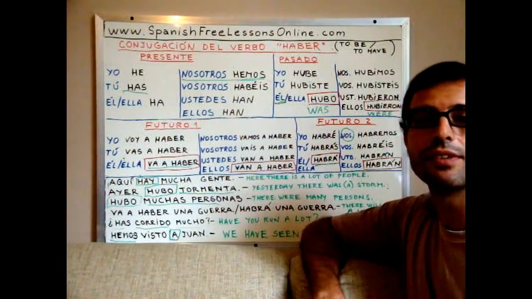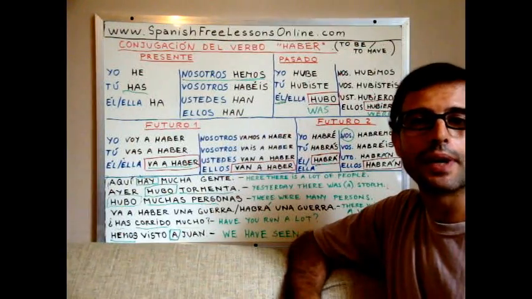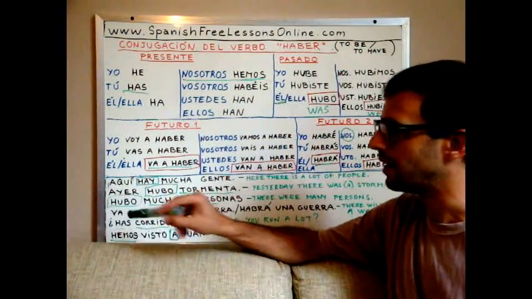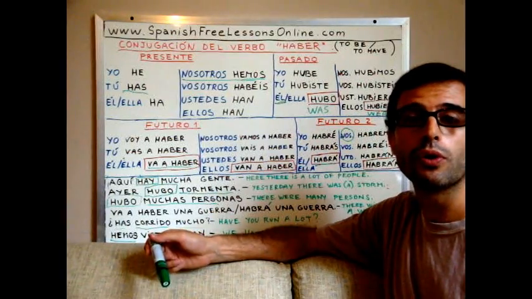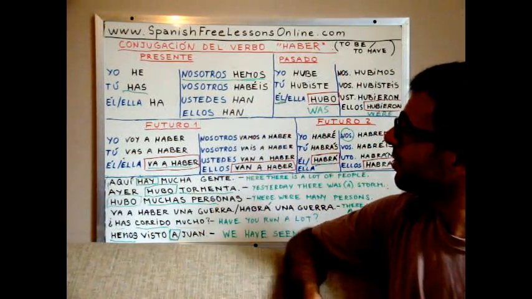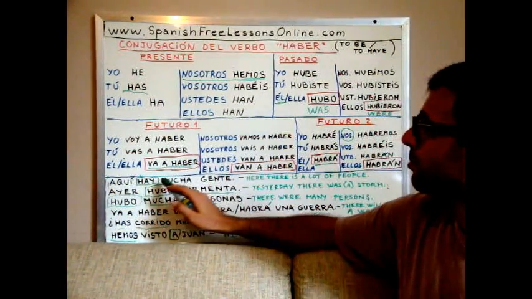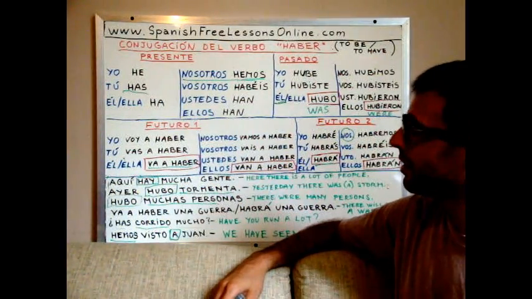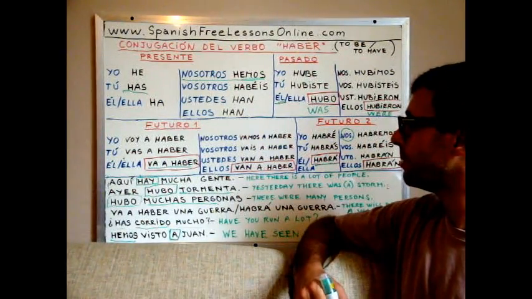All these sentences can either be said in a question, or in an affirmative way, okay? So, this is an affirmation, okay, right? Aquí hay mucha gente. Here, there is a lot of people. Well, here there are many people, right?